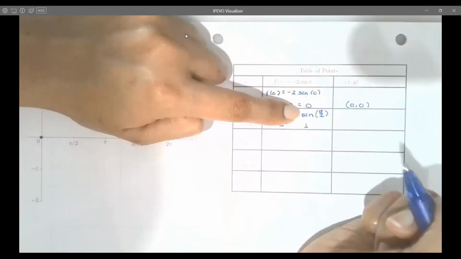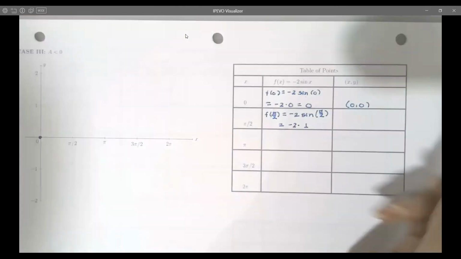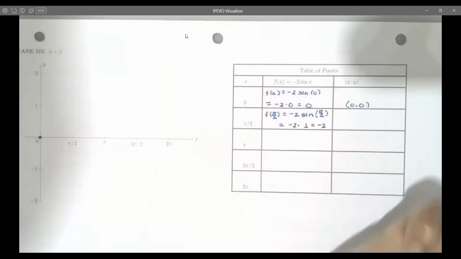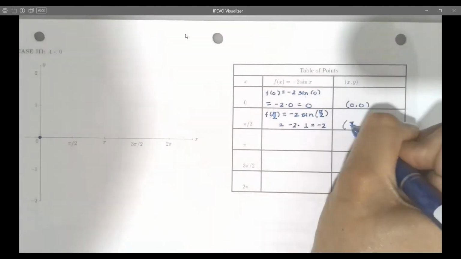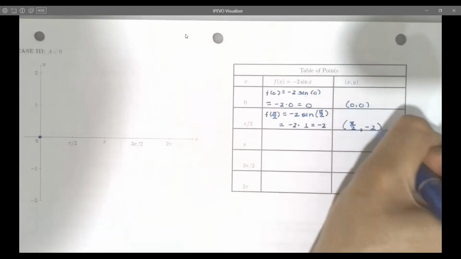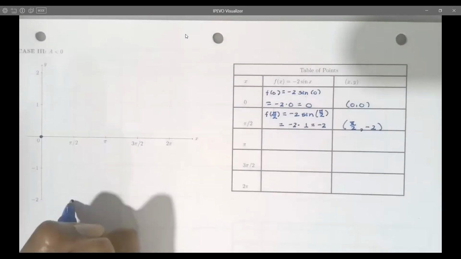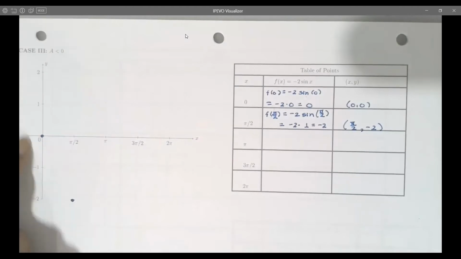But then we have this -2 attached to it, which means multiplication, right? So we have a -2 times 1. And that means -2. That means the point we're trying to graph is pi over 2 comma -2. So it goes down this way. So already we're starting to see this curve go opposite to the direction it normally goes, right?